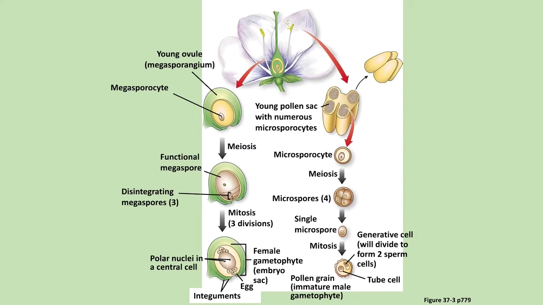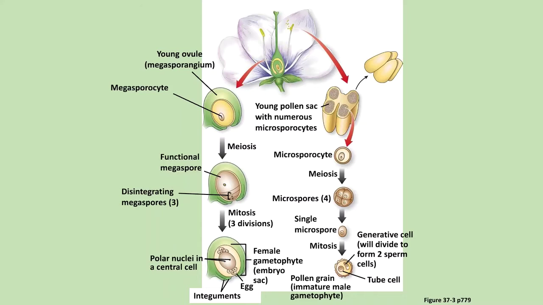But then that megaspore can divide by mitosis. So remember that mitosis is a type of cell division that always maintains the number of chromosomes. It's not about cutting the number of chromosomes in half. So this megaspore is already haploid because it was produced from the megasporocyte by meiosis.